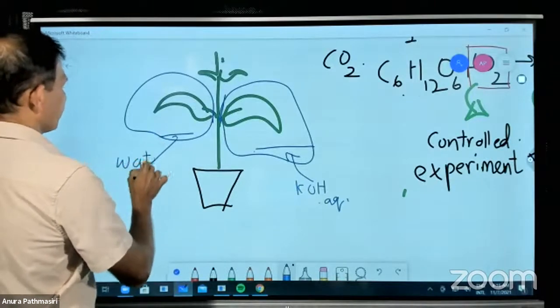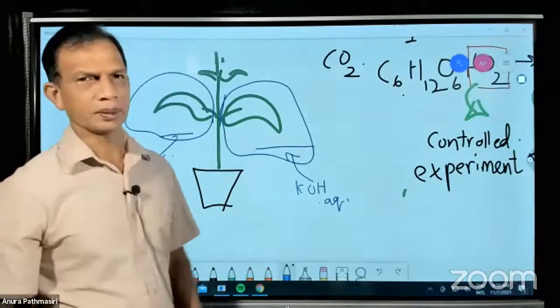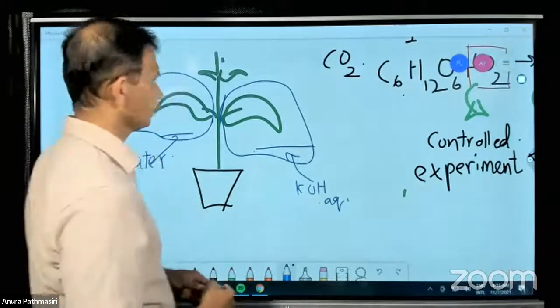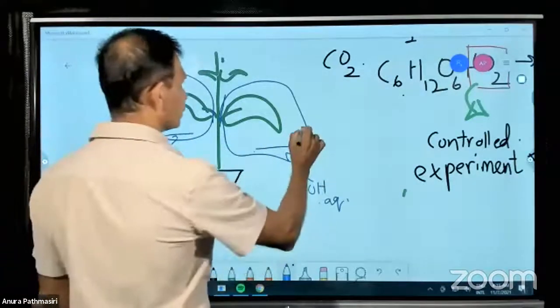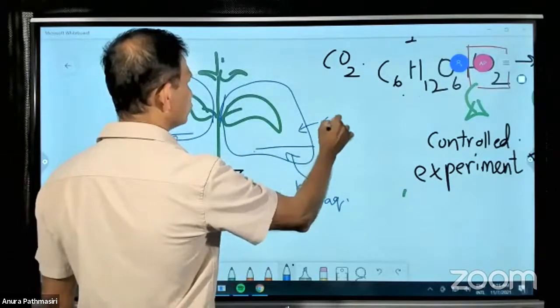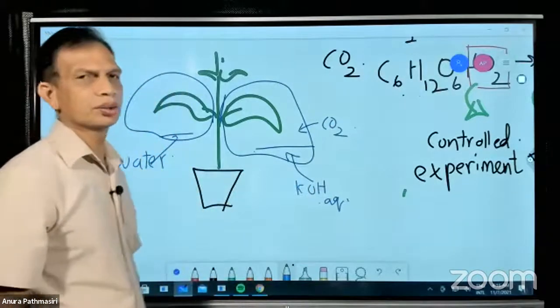Now you can see this is a controlled experiment, because carbon dioxide is removed from here by potassium hydroxide solution.